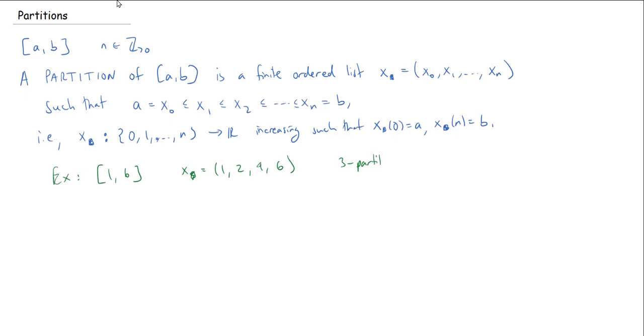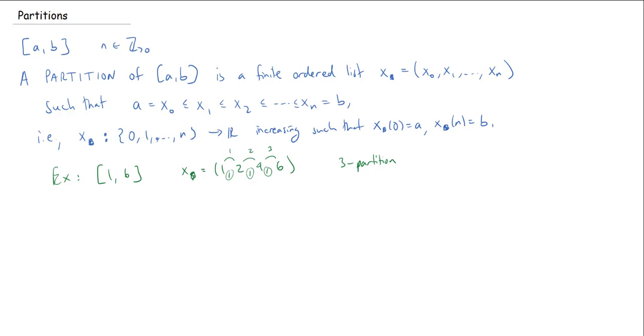You have to be a little bit careful here with the numbering because it looks like there are 4 numbers, but this first one gets an index of 0. So you should think of this 3 as counting how many intervals we get: 1, 2, 3 different intervals, or if you like, you could count the commas: 1, 2, 3 different commas. So this would be a 3 partition.